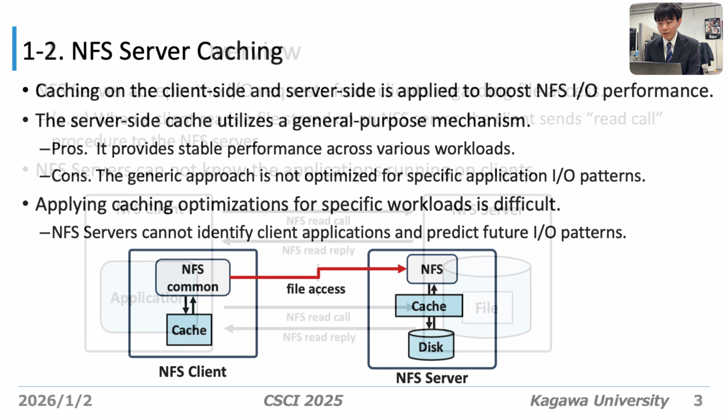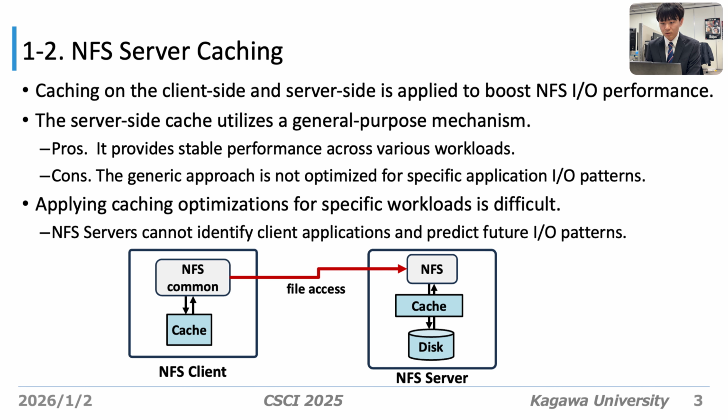Next, I will explain NFS server caching. Caching on the client side and server side is applied to boost NFS I/O performance. In this research, we focus on the server-side cache. The server-side cache is a general-purpose mechanism. It is a page cache. Whenever a file is read, the data is put into the page cache.